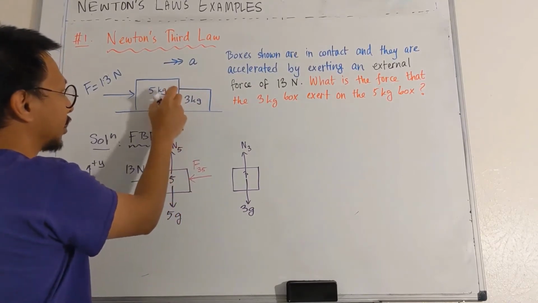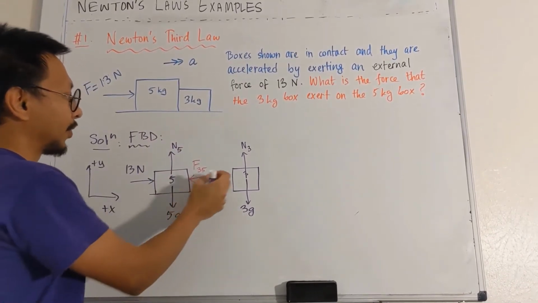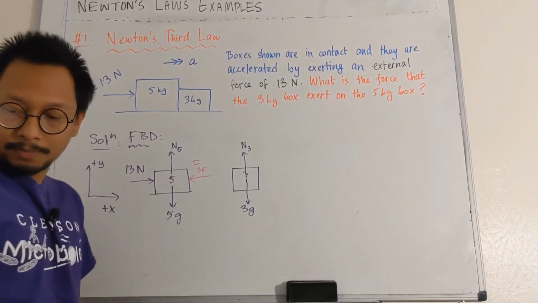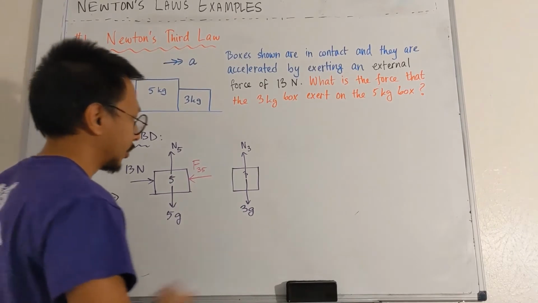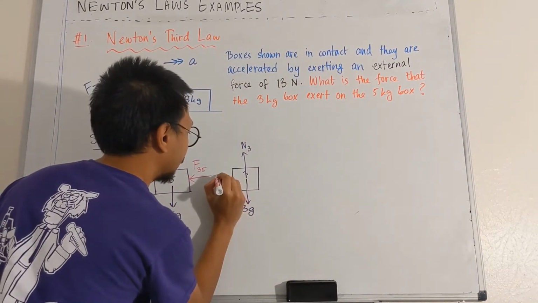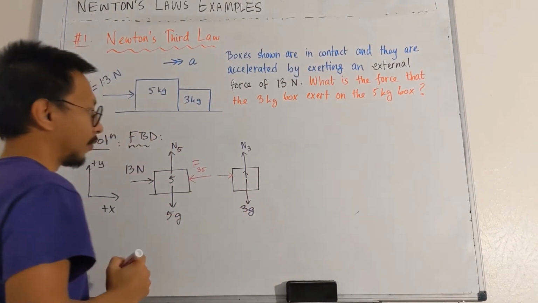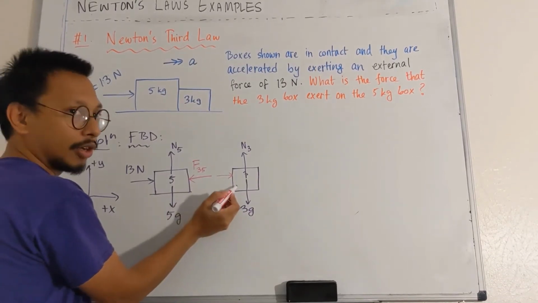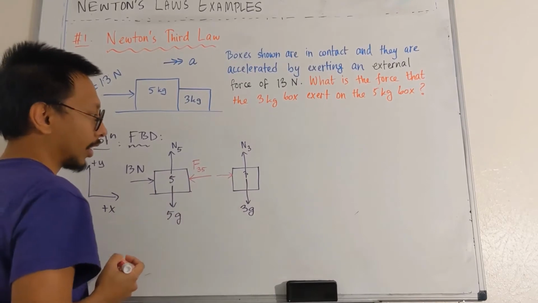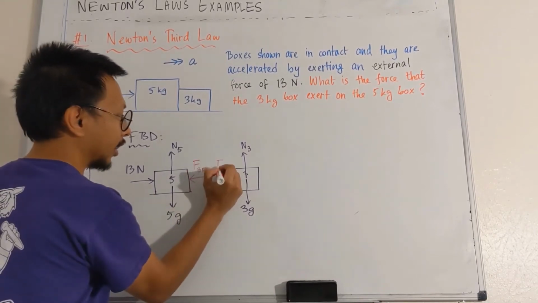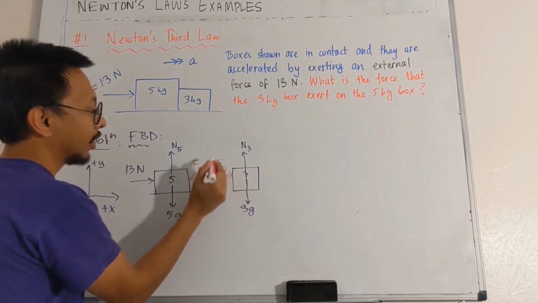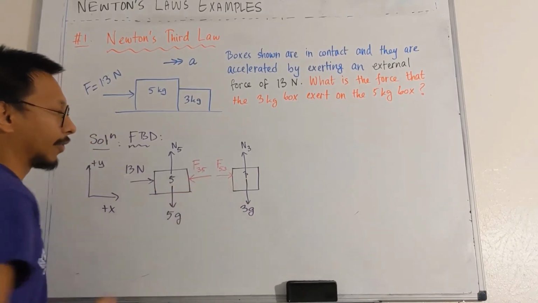The 3 kilogram box is in contact with the 5 kilogram box. So there will exist the same force, but in the opposite direction, right? So we have the same force, the same magnitude, the same type of force, but it will be exerted by the 5 kilogram box on the 3 kilogram box, shown as follows. So we denote this a little bit differently. We call this F5(3), meaning the force exerted by 5 on 3.